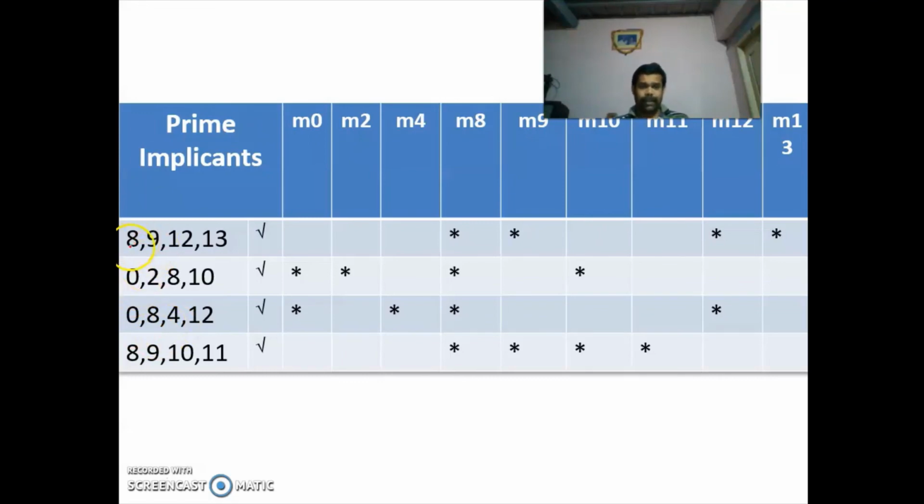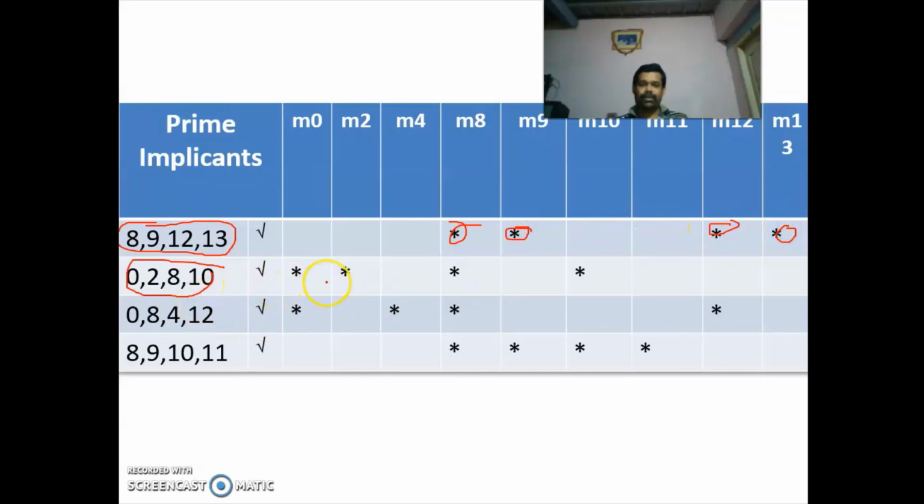Now the first prime implicant is 8, 9, 12, 13. This 8, 9, 12, 13 is similar to the quad what you are getting in the K-map. Now, in the place of 8, 9, 12, and 13, you put stars. 8, 9, 12, 13. Okay.